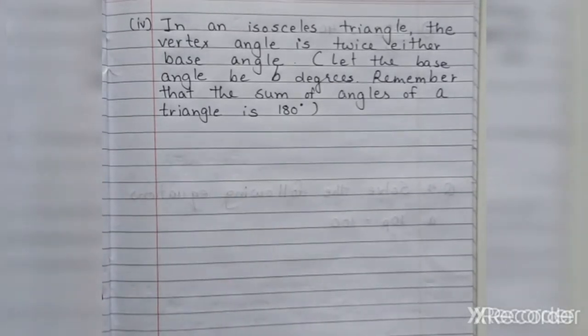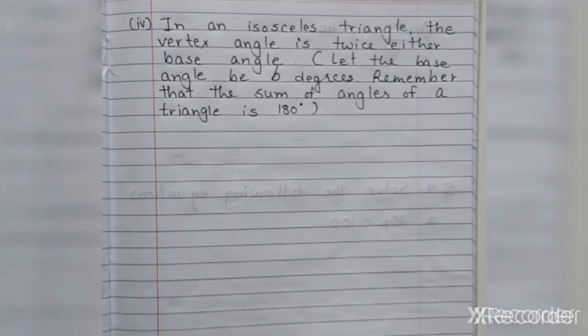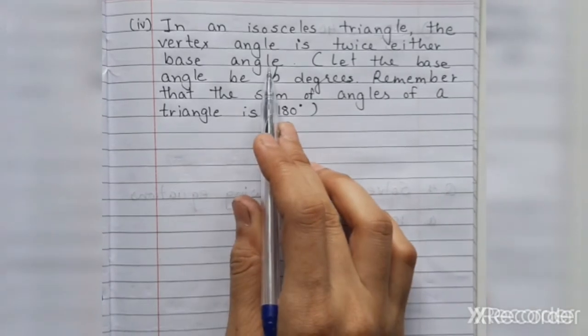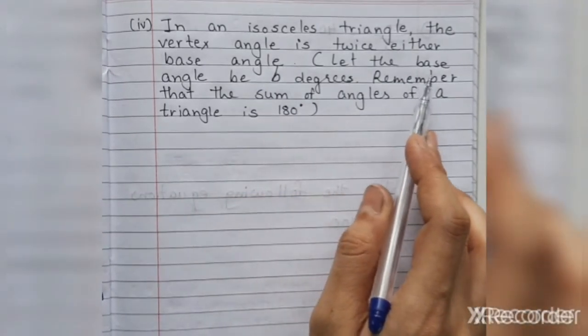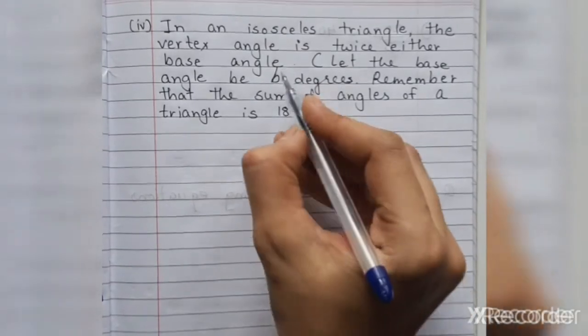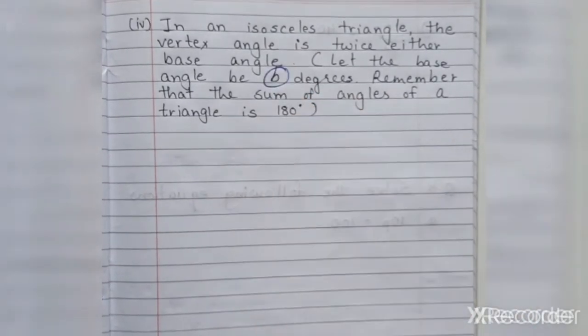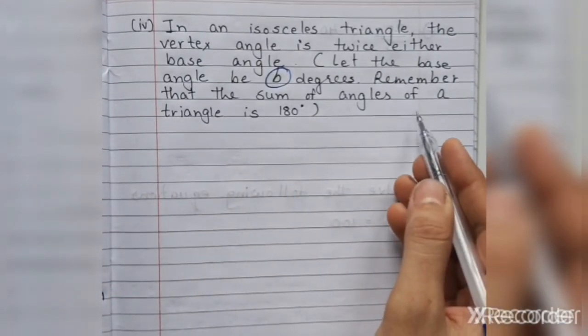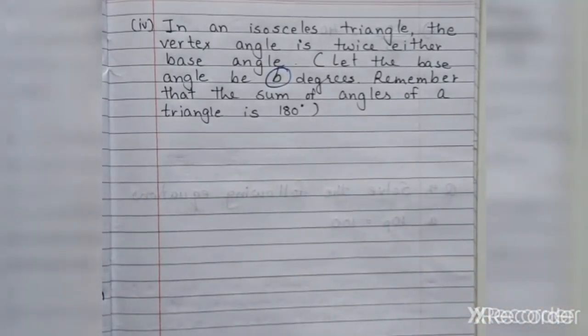Let's have another sum. In an isosceles triangle, the vertex angle is twice either base angle. Let the base angle be b degrees. Here we will use variable b. Remember that the sum of angles of a triangle is 180 degree.